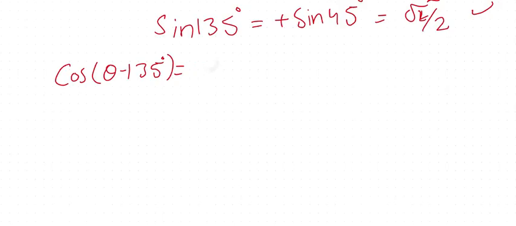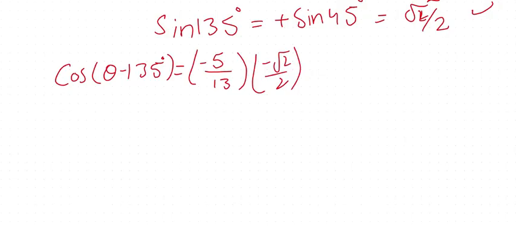We have minus 5 by 13 into minus square root of 2 by 2, plus minus 12 by 13 into square root of 2 by 2, okay? Now I'm going to simplify the equation.